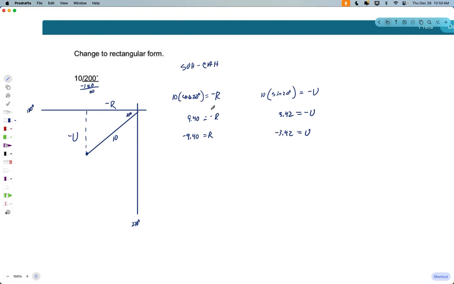So it's easier to just say the opposite of right and the opposite of up to remind us to move that negative sign to the number. Now when we write this out, it's going to be negative 9.40 R minus 3.42 U, and that would be your solution.